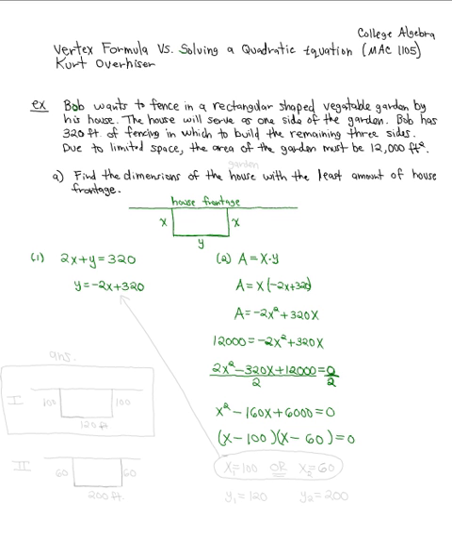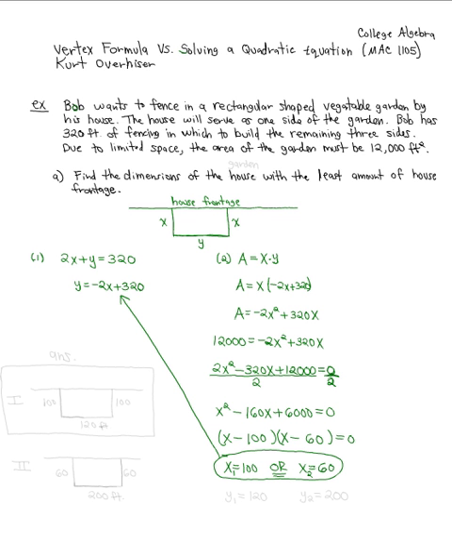That's pretty easy. It's going to be 100 and 60. Then we use the zero product property and set each factor equal to 0. So you get x equals 100 or x equals 60. We'll call these x1 and x2. Then we're going to take both of these and plug them into this equation up here.